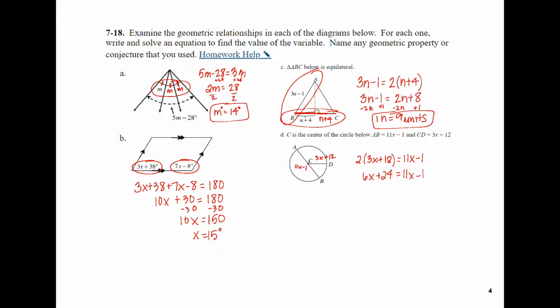Use our inverse operations. So when we subtract our 6x, we get 5x. When we add our 1, we get 25. Division is the inverse of multiplication, and we get x is 5 units.